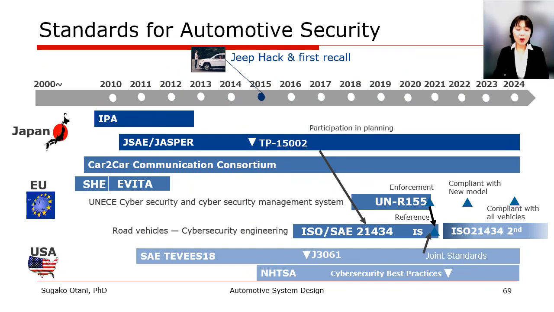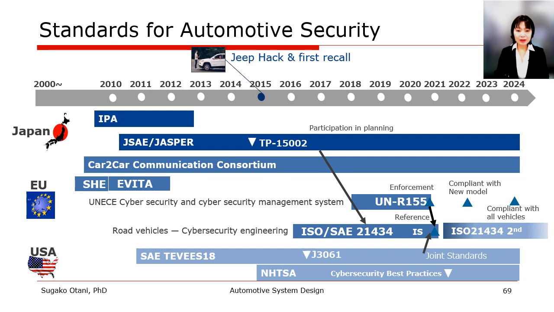Let's move on to automotive security standards. In order to address automotive security, some discussion was started in Europe, trendsetter in this field. EVITA, a major European security project, is one of the outcomes from those activities. Cybersecurity threats have been growing in recent years with the rapid connectedness of automobiles.